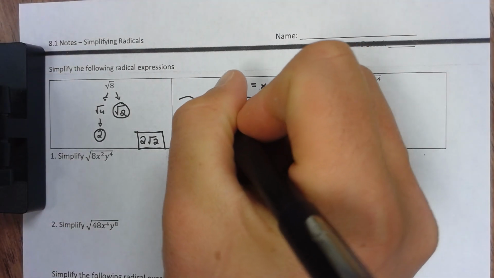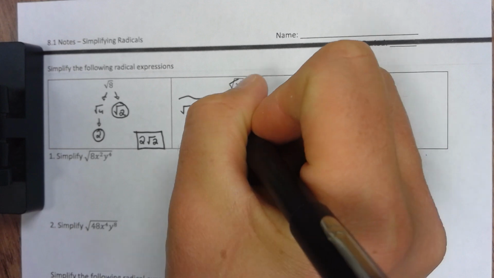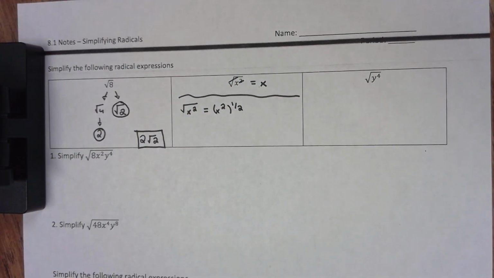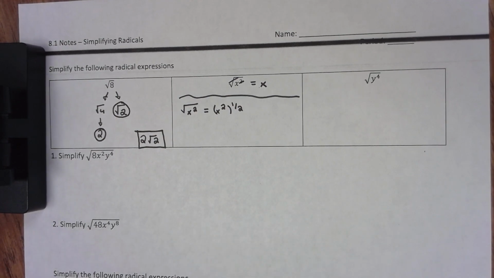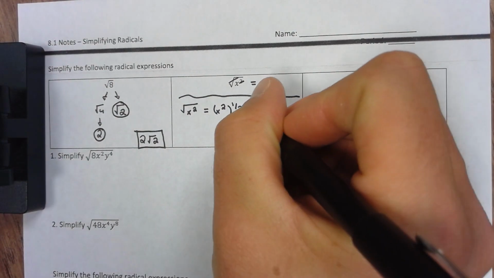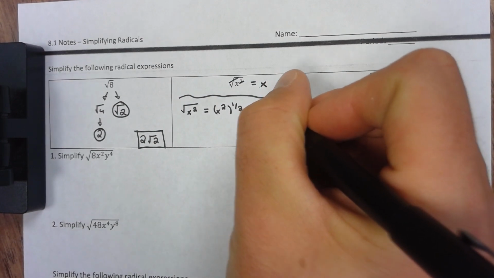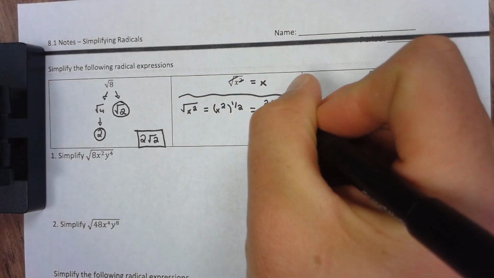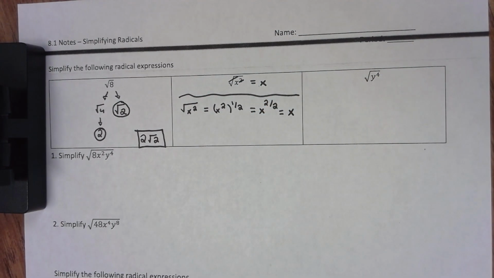So I could write this as x squared all to the power of 1/2. Well, if I have an exponent raised to an exponent, I can multiply those exponents. So 2 times 1/2, that's 1. Let's actually show it: 2 times 1/2 is 2 divided by 2, and 2 divided by 2 is just 1, so x.